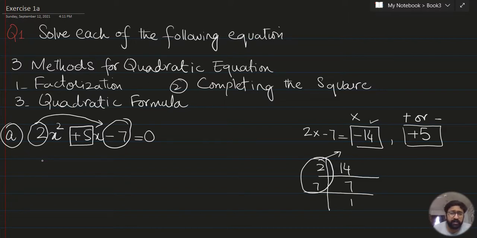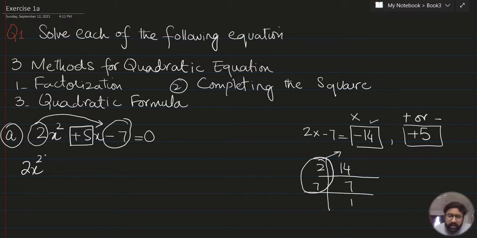Now let me just replace them over here. This is factorization with the help of the middle term breaking method. As is clear from the words, we need to break the middle term, which in this specific question is plus 5x. So we are going to break it down into two pieces.